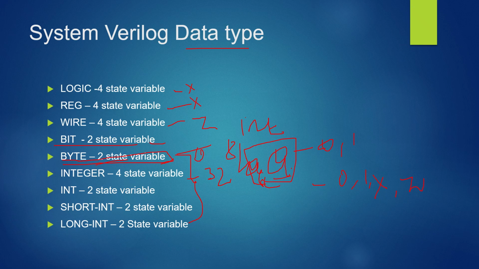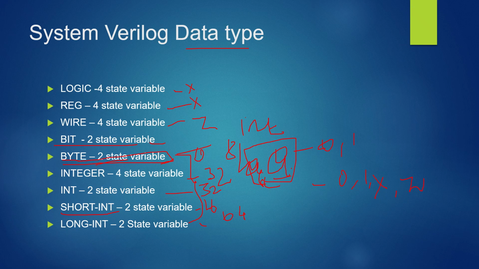And int is also 32 bits, a 2 state variable. Short int means 16 bits, and long int means 64 bits. So these are all the data types and the state variables. In the next slide we will be discussing signed and unsigned variables.